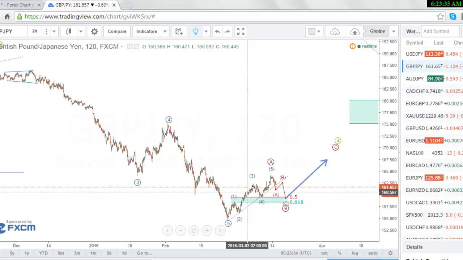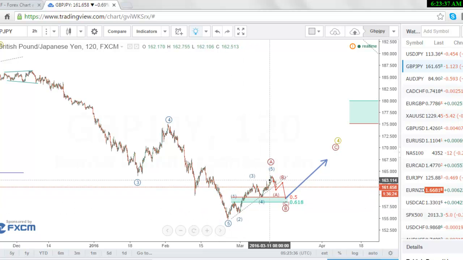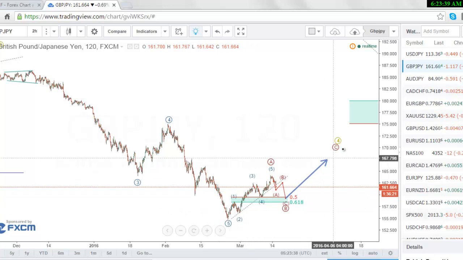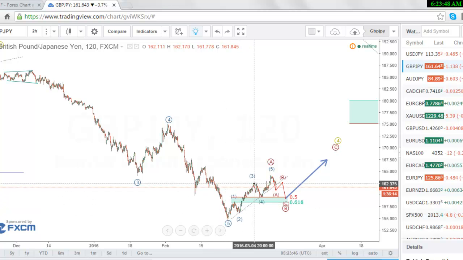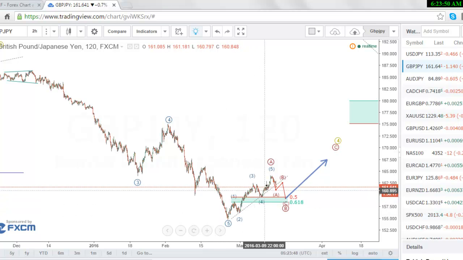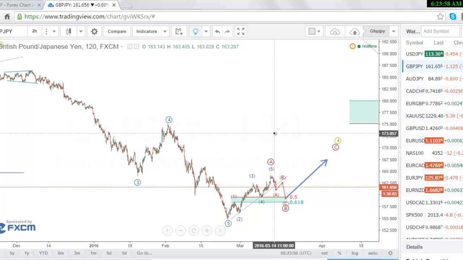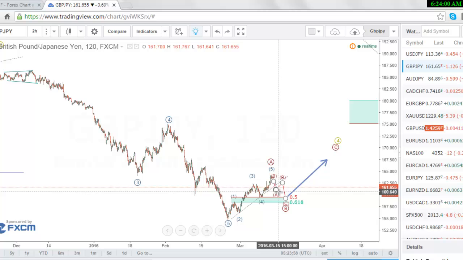So this is a 5-wave structure, and this correction could actually be a zigzag pattern, because among the 3 major corrective patterns, zigzag is the only one that has a 5-wave as its first structure before a 3-wave and then a 5-wave.